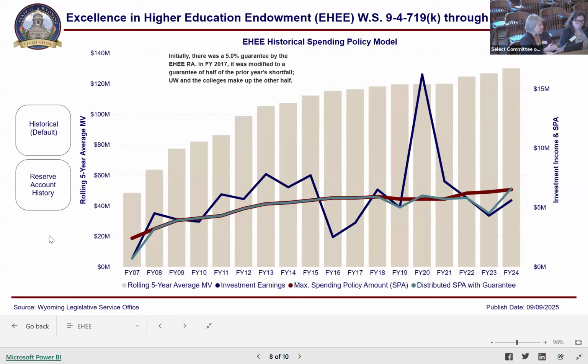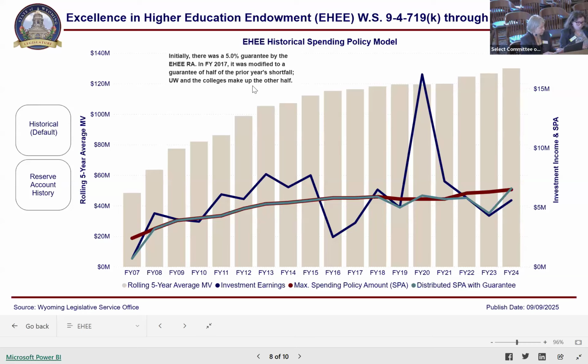And so the reserve account kind of became depleted, at which point the legislature modified the guarantee on the fund in 2017 so that the reserve account is only guaranteeing half of the prior year shortfall. And the university and the colleges make up the other half of the shortfall. And they're well aware of that.